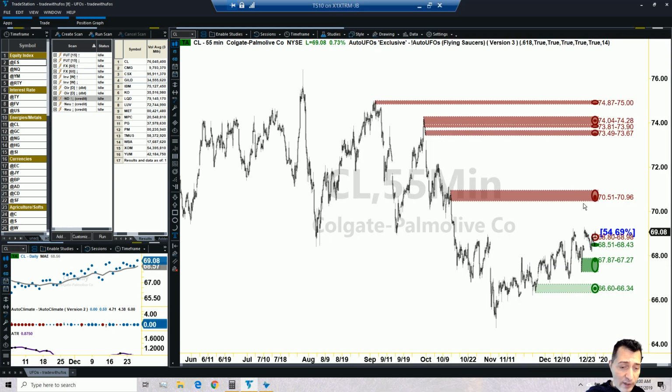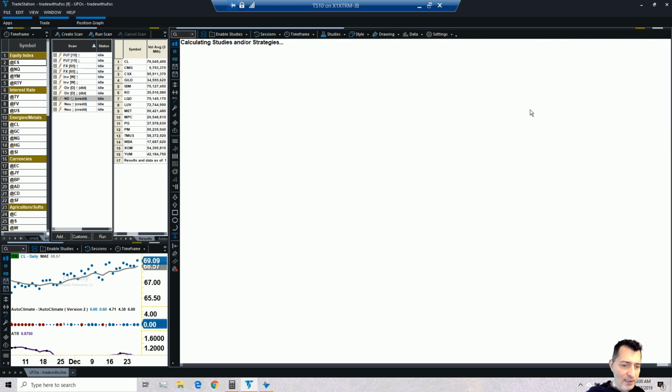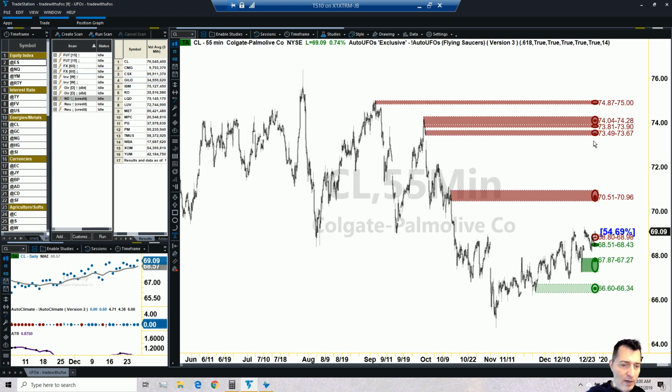And what's nice is that we got a bunch of UFOs above and below. 54%, that's nice too. Pre and post market give us 48. But in any case, those UFOs are so far away in both cases, with pre and post market and also the regular session. If I look at two UFOs above, we're talking about the 74s. So that's not going to work. Interesting. So let's keep going. We are not going to use CL.